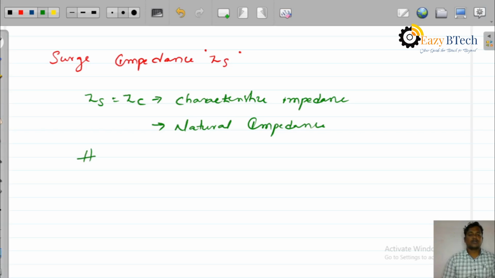How can we calculate the surge impedance of a transmission line? We have an expression in the long transmission line derivation, in the sending end voltage and current expressions. We have a term root of Z by Y. From this term, we can evaluate the surge impedance.